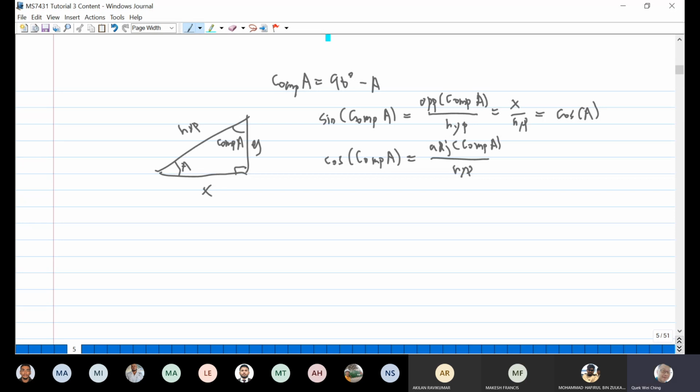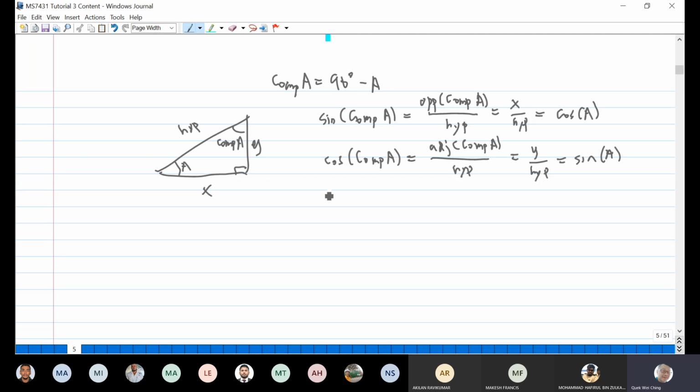Adjacent of column A happen to be y over hypotenuse here. So y over hypotenuse happen to be sine A. Okay, so sine of column A is same as cosine A. Cosine of column A is same as sine A.